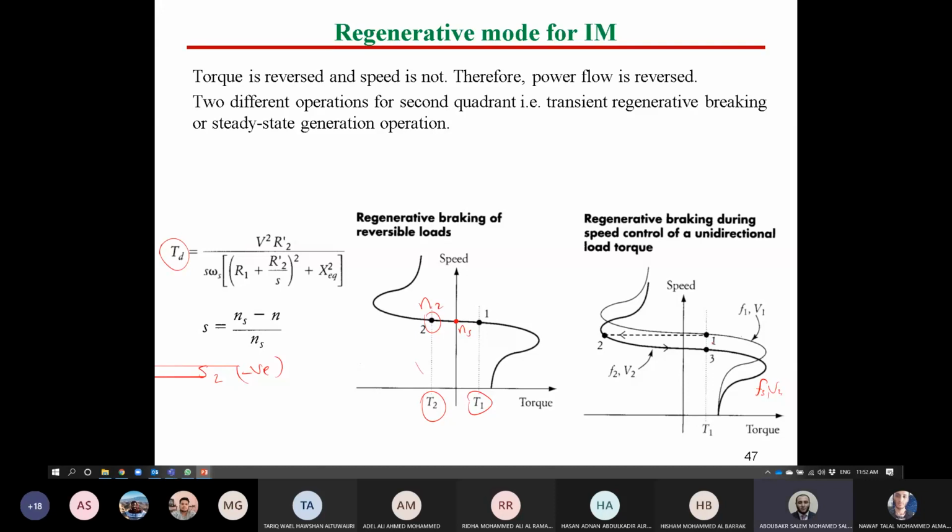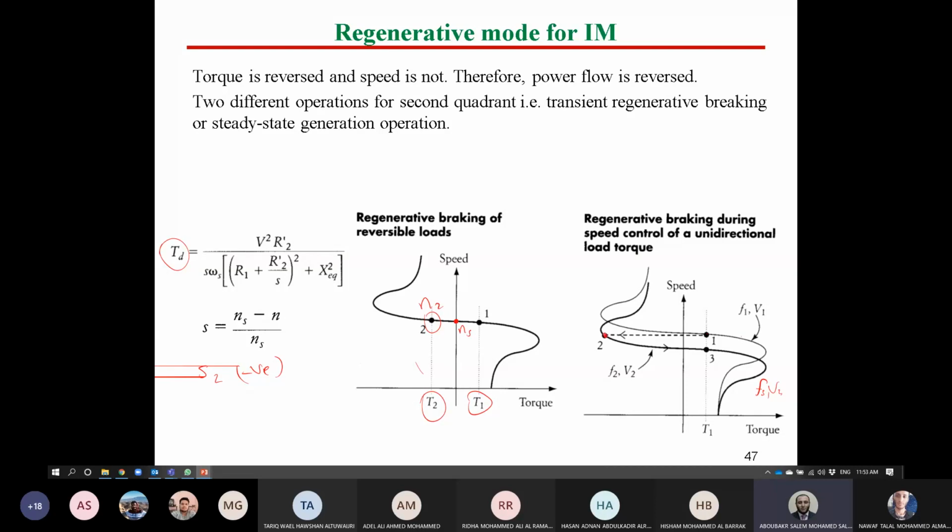Of course, the speed has to be changed gradually. Right or wrong, guys? How can it be made like that? First, at the same speed, you will start moving to another curve. So by applying a certain voltage and frequency, you will create that curve, and instantaneously the machine will move from curve number 1 to curve number 2 at point 2.